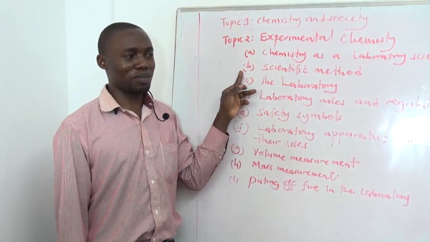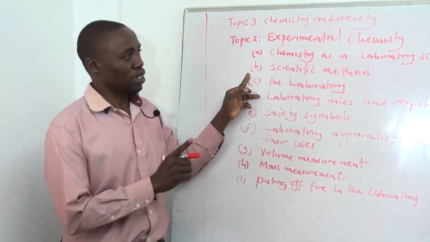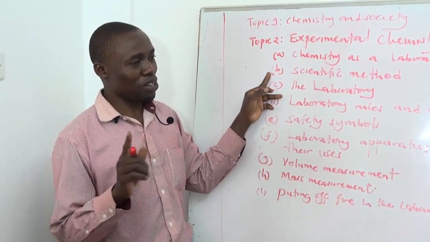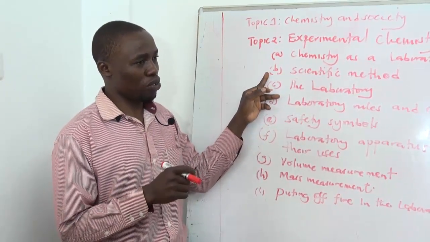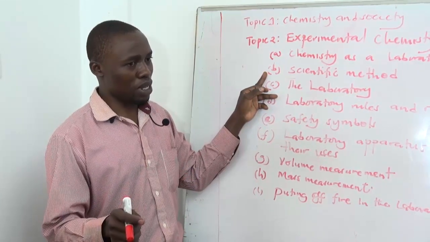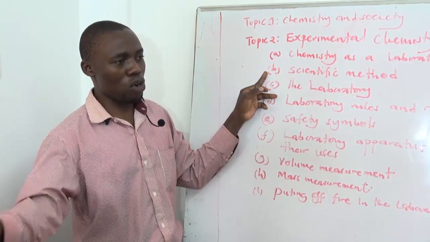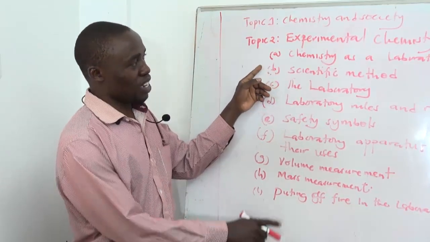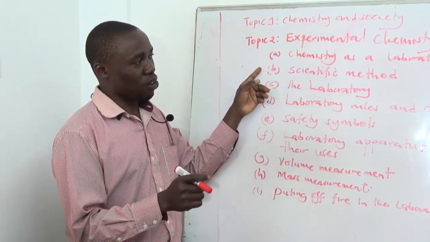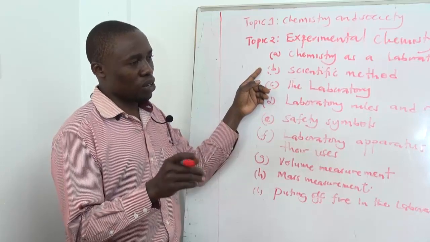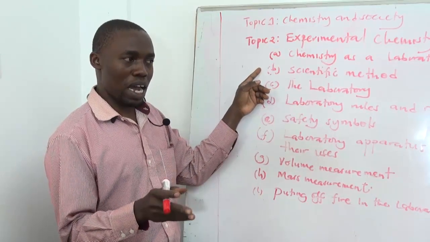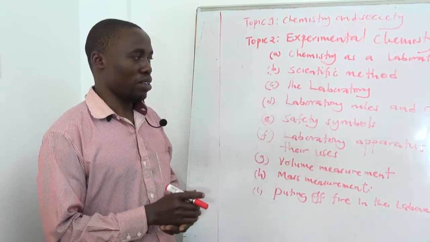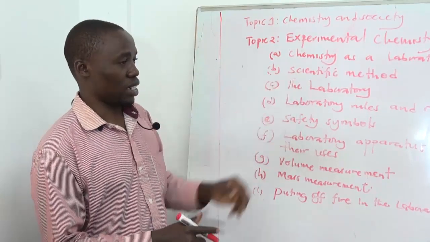Listen. We said chemistry is a laboratory science simply because it has experiments that are done in the laboratory. Now, if it has experiments, the method by which we conduct those experiments is a scientific method.